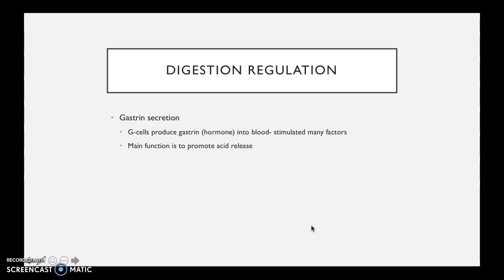The first couple of factors are the presence of amino acids, peptides, and distension. That comes from the earlier phase of digestion. And then there are neural reflexes in the short reflex of the ENS, which is gastrin releasing peptide. This peptide is a huge factor in connecting with the G cells to produce gastrin.